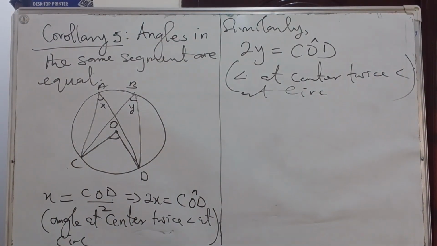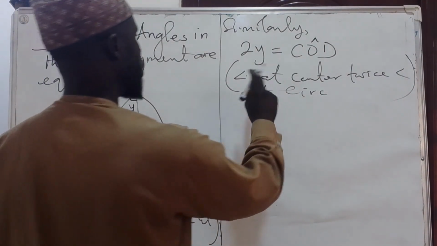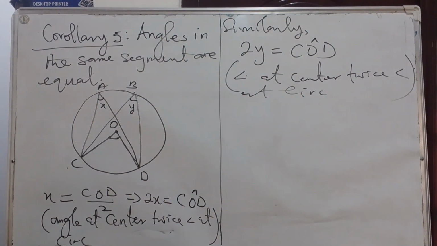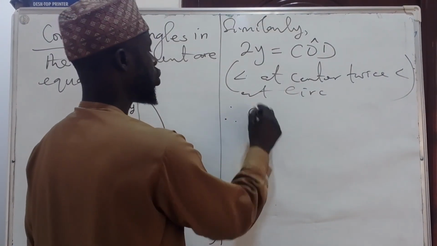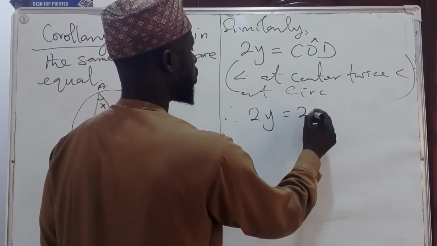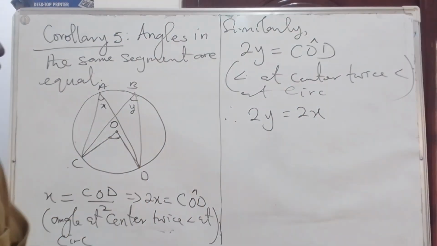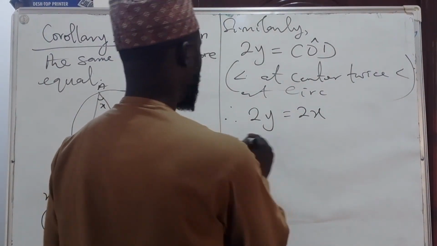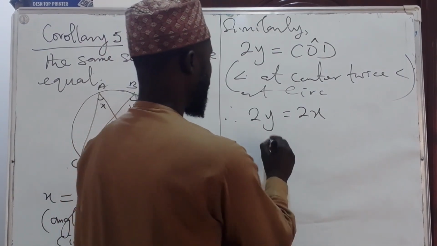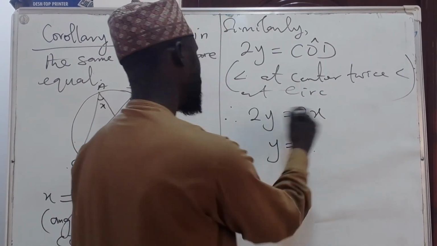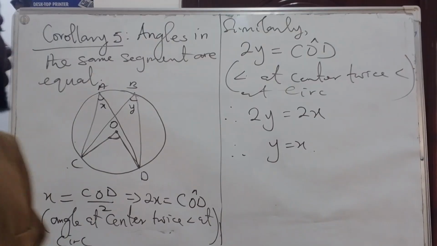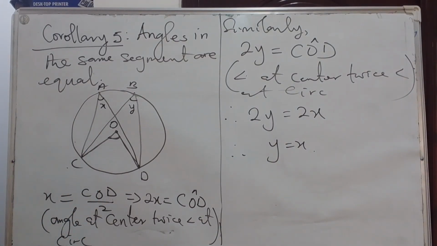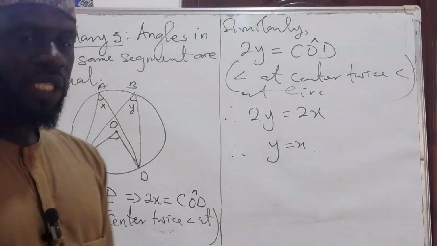So 2y is equal to COD, and 2x is equal to COD. That means 2y is equal to 2x. Dividing both sides by 2, you have angle y equal to angle x, meaning that the two angles are equal. So angles in the same segment are equal. That is what the corollary is saying.